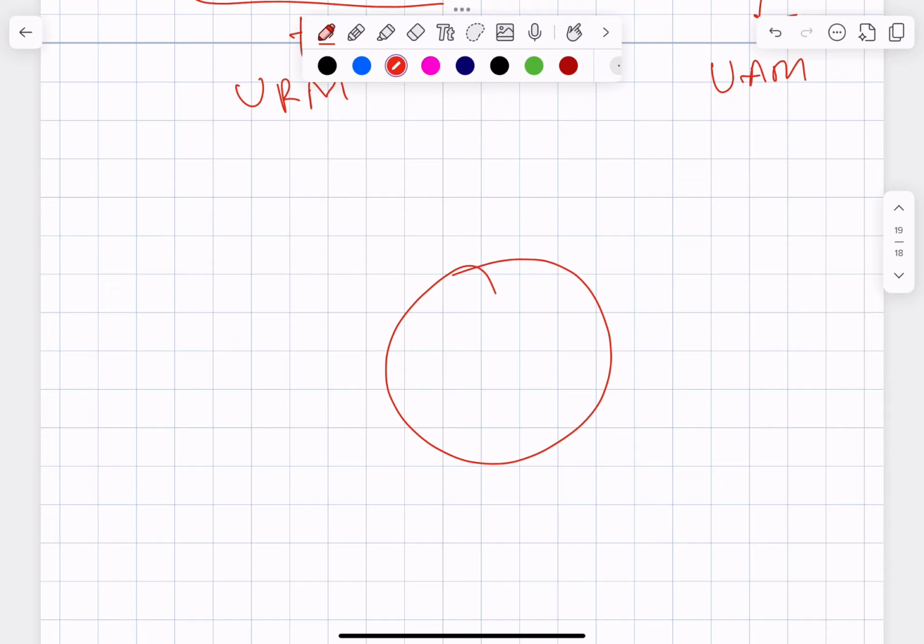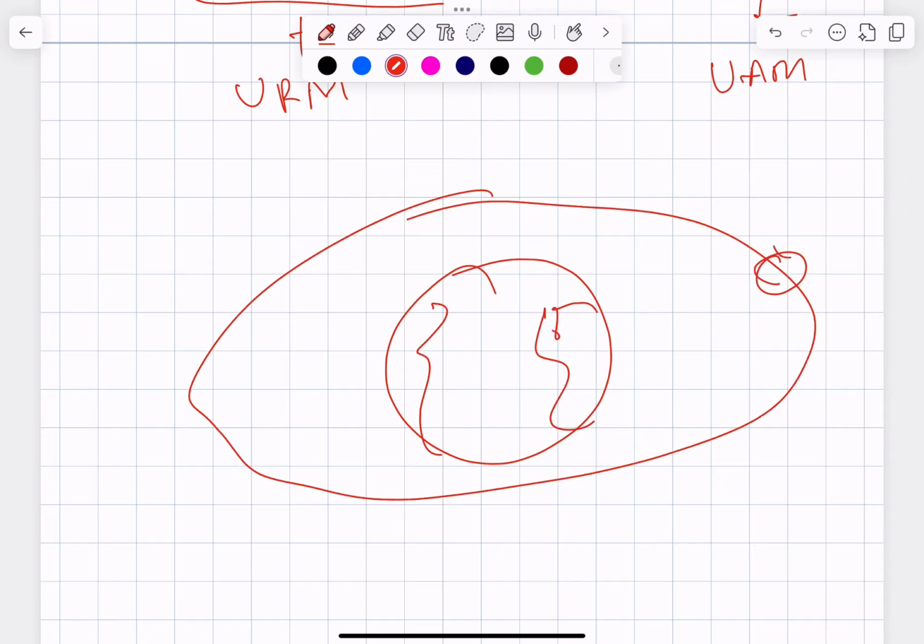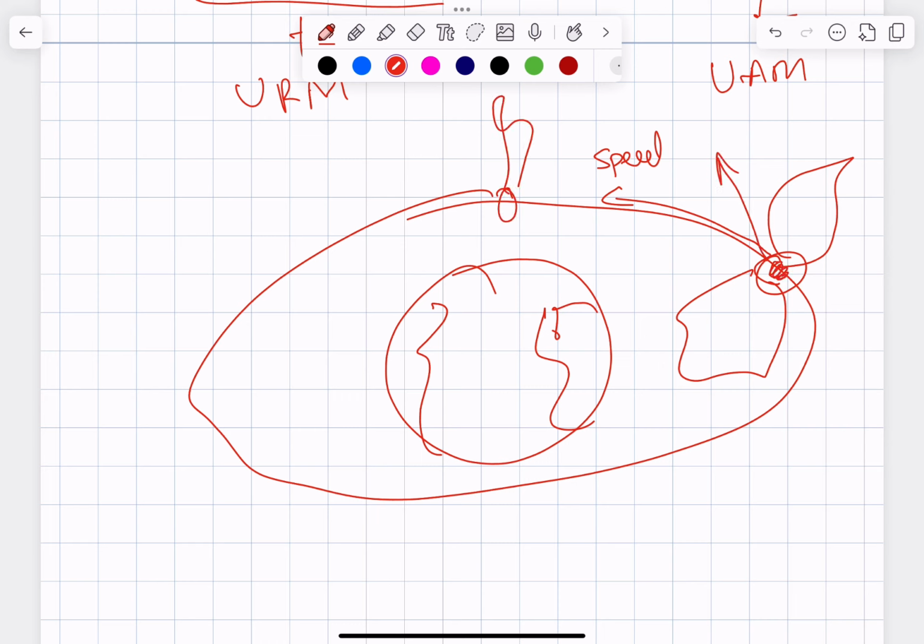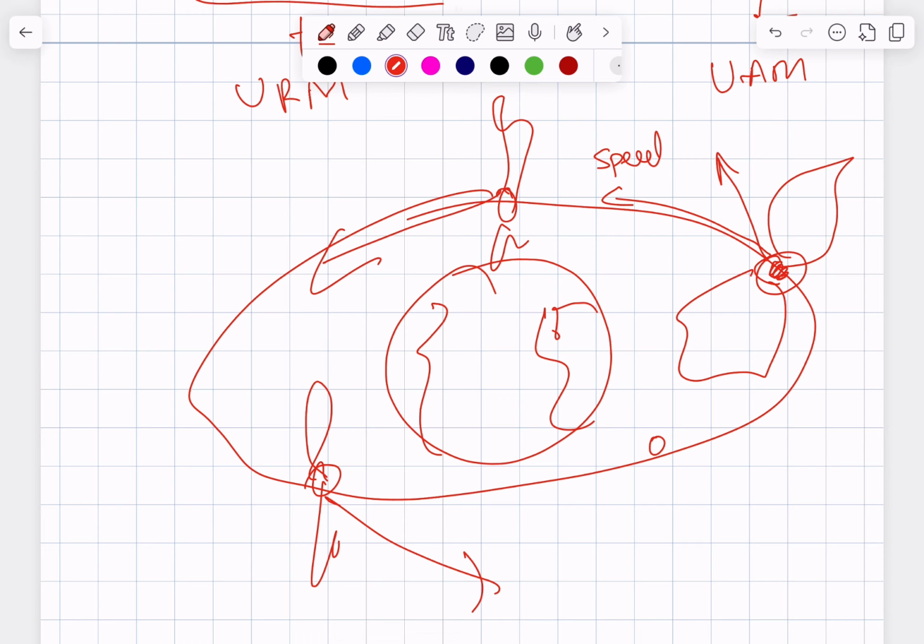For example, this is Earth, and this is the orbit, and this is my satellite. The speed is constant, but at every point this satellite will have a different direction. Here it will have a different direction, here it will have a different direction. So at every point the satellite is changing its direction, and that is the reason we say the velocity of the satellite is always changing.